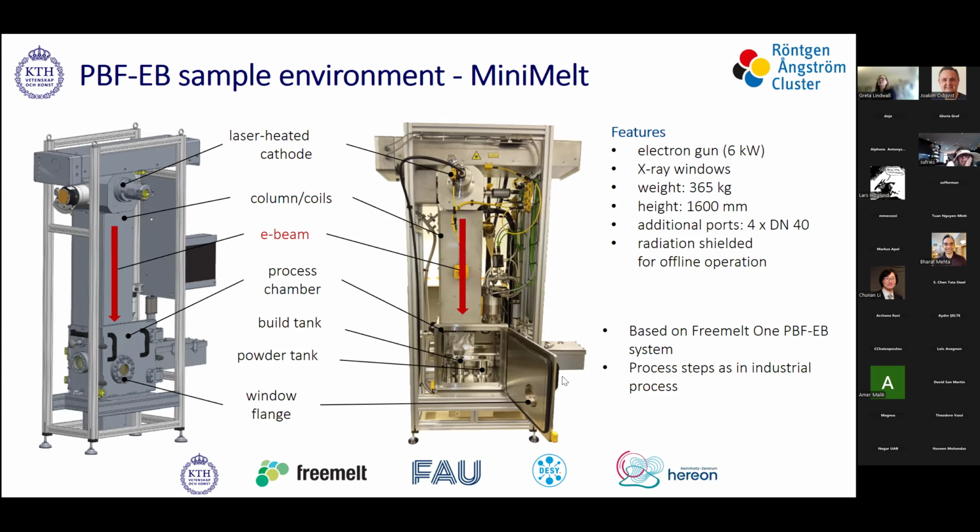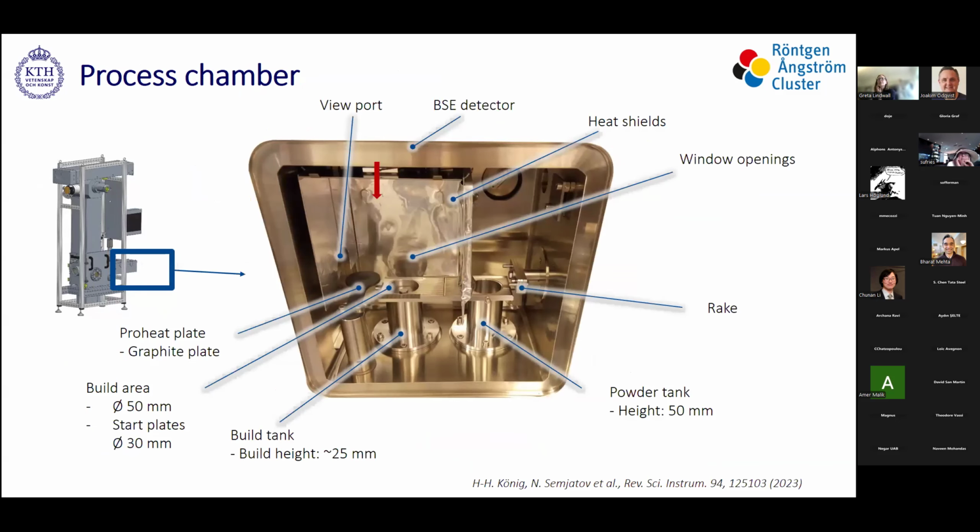So the weight and the height had to be reduced, and we also needed a solution for the X-rays to be able to go through, so we had to have X-ray transparent windows that could still maintain the vacuum at high temperature. It looks like this, and it's called mini melt. The main difference is that we have customized the process chamber, the vacuum chamber, so it's much smaller than in the commercial machine.